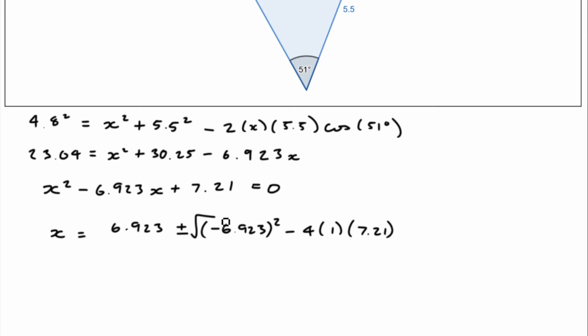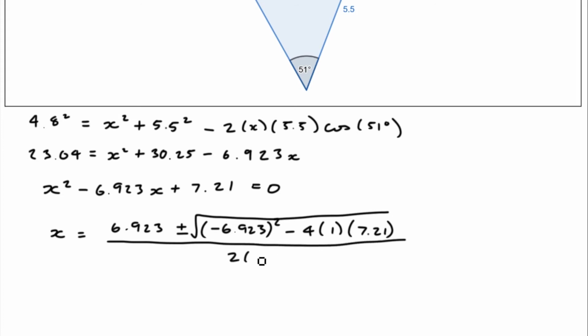All of that needs to be rooted and then divided by 2a, divided by 2 times 1. That gives us two possible values of x. Either x is 1.28 or x is 5.65, both given to three significant figures.